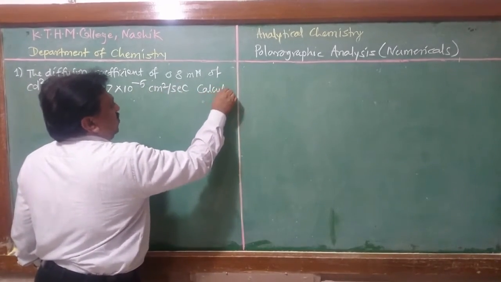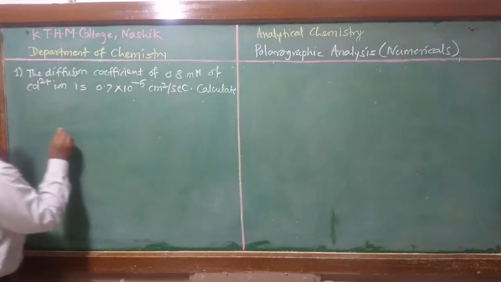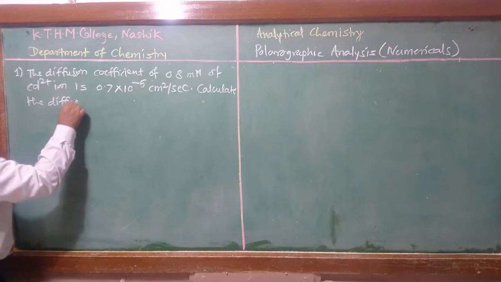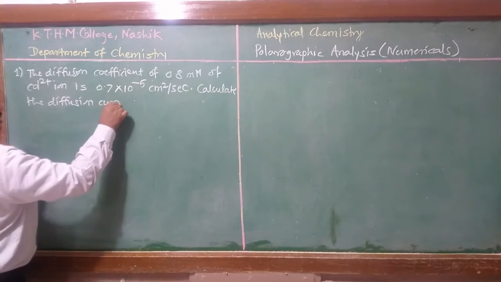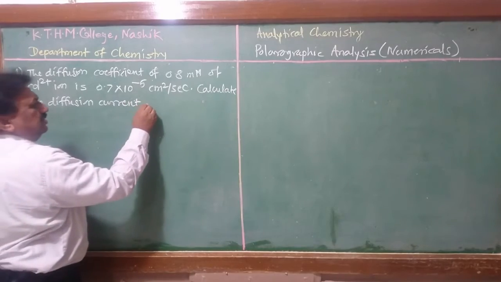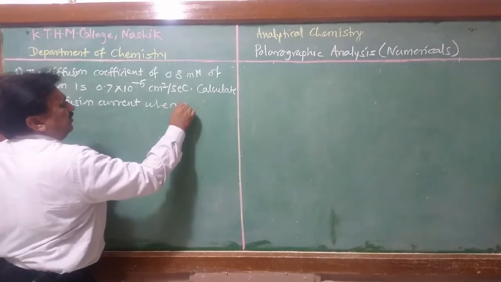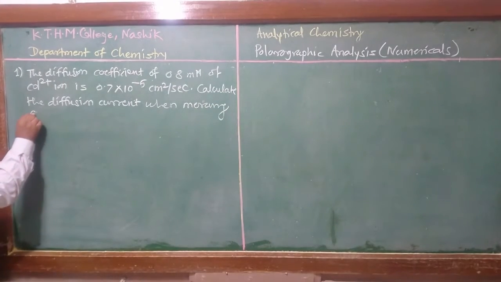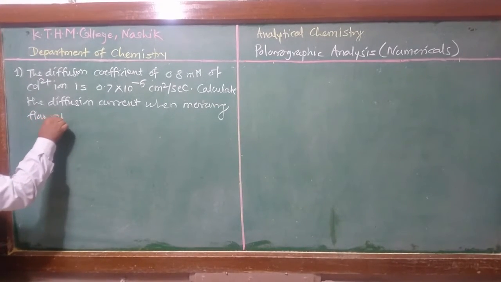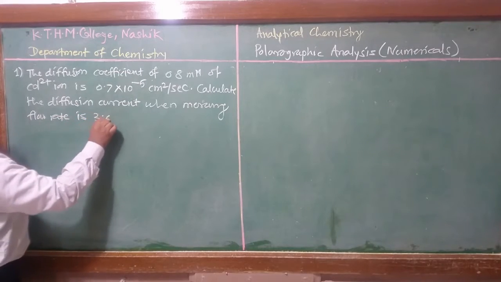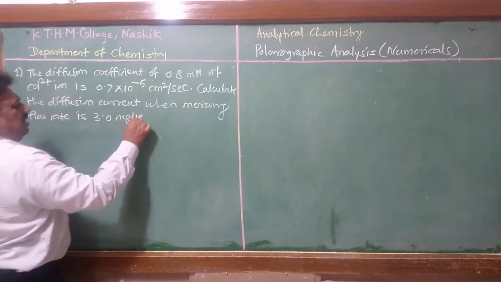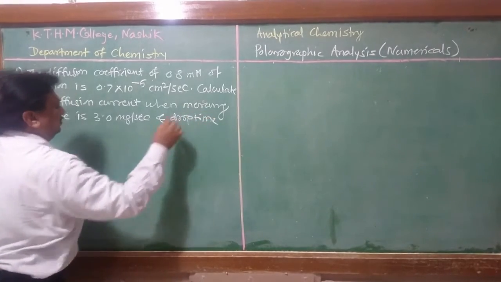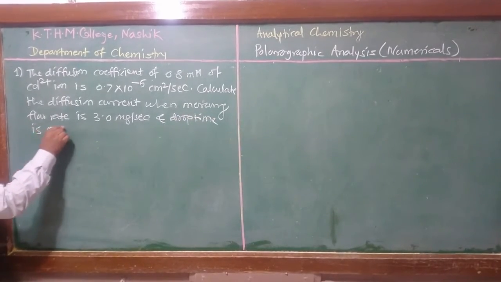Calculate the diffusion current when mercury flow rate is 3 milligram per second and drop time is 5 seconds.